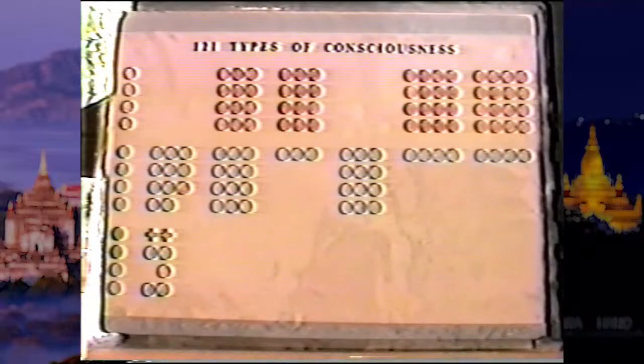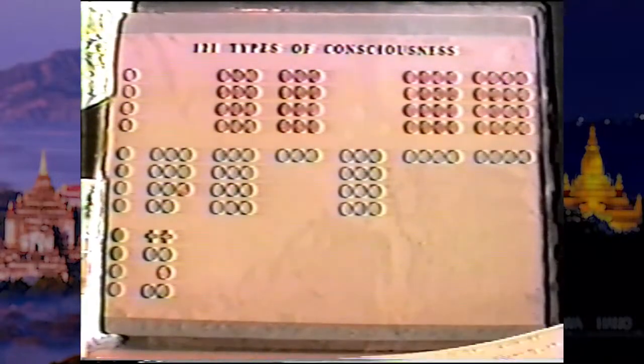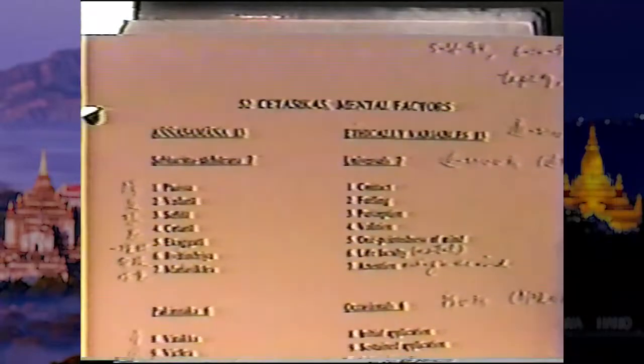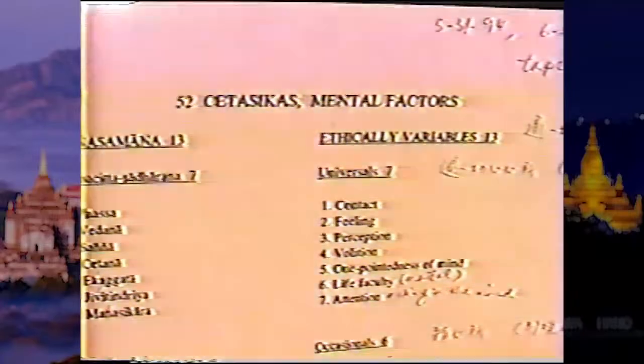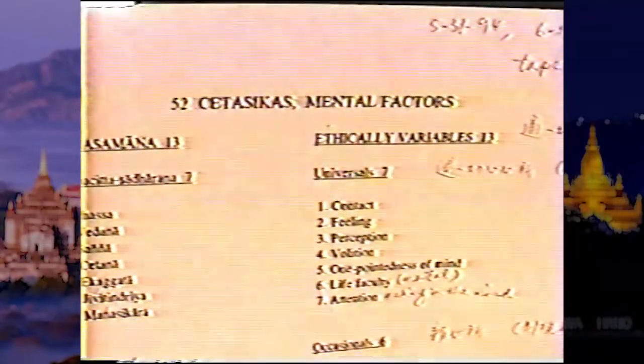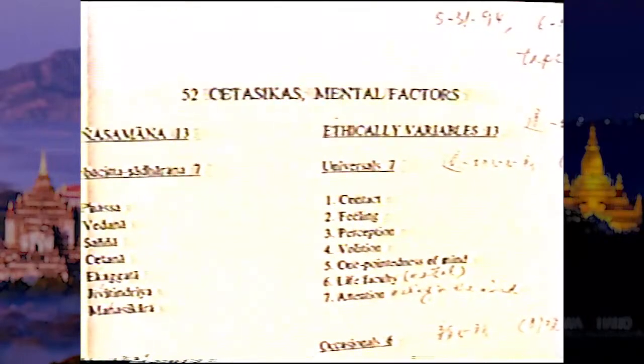When the consciousness takes visible objects as object, then cetasikas also take visible object as object. So they take the same object. And when the seeing consciousness depends on the eye base, then the cetasikas also depend on the eye base.